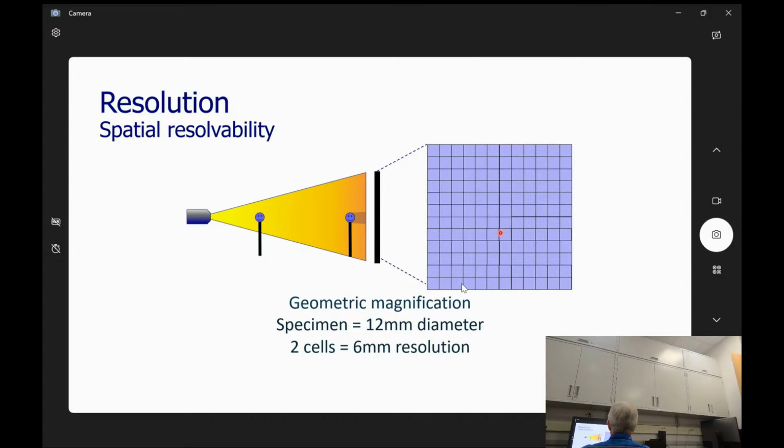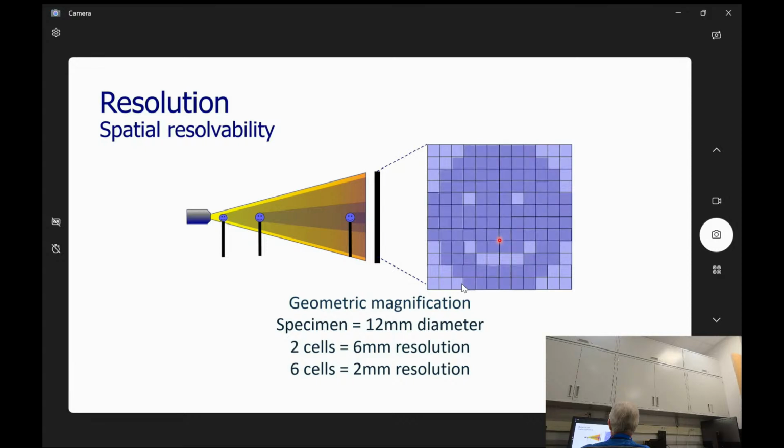If I back it up some more, now it's going to cast a wider shadow. So 12 millimeter diameter by 6 cells is 2 millimeter resolution. If I back it up even further, and now it goes across 12 by 12 cells, I get 1 millimeter resolution, and I can actually see some of the happy face, of course, if it's turned 90 degrees from that direction.